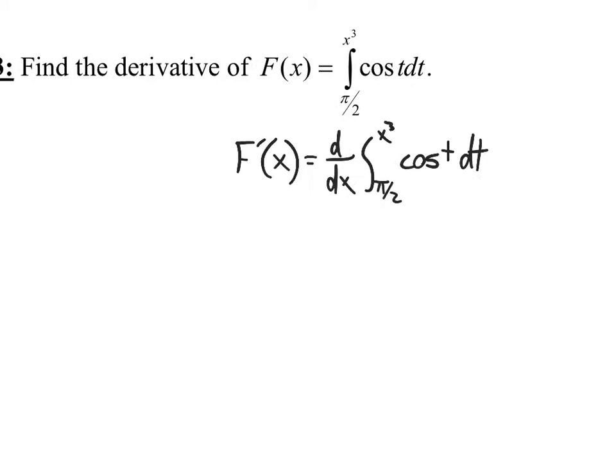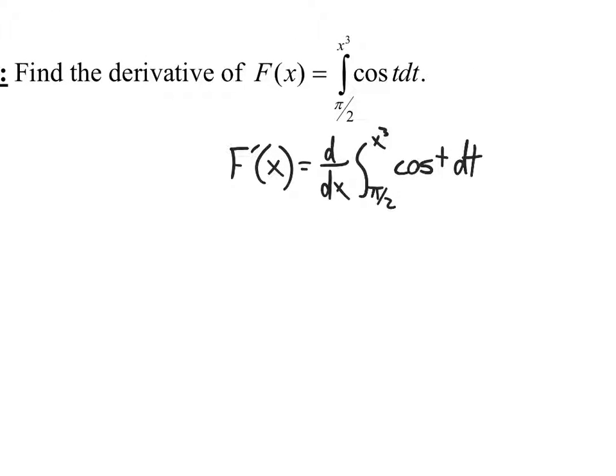Okay. Now that we know the rule, though, we don't have to do the whole, what's it called? First fundamental theorem of calculus with the definite integral. Now we can rewrite it as cosine of x cubed, but times 3x squared.